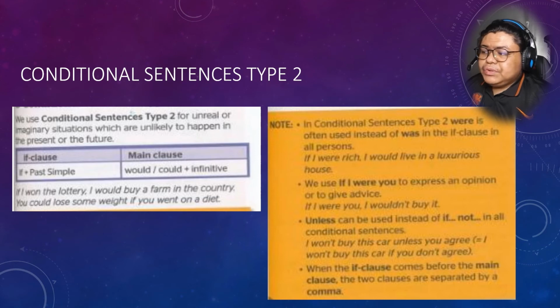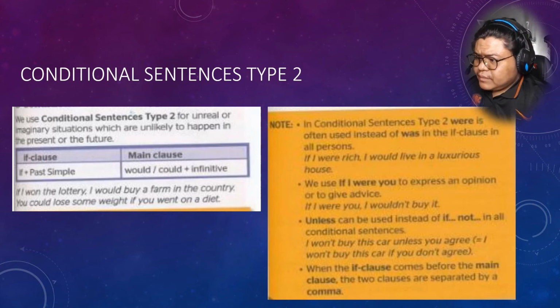And it's also an imaginary situation. So if clause dia must be in past simple. Kalau tadi present simple, yang ini past simple. And then main clause dia would, could plus infinitive. Infinitive tu maksudnya root word of the verb lah.